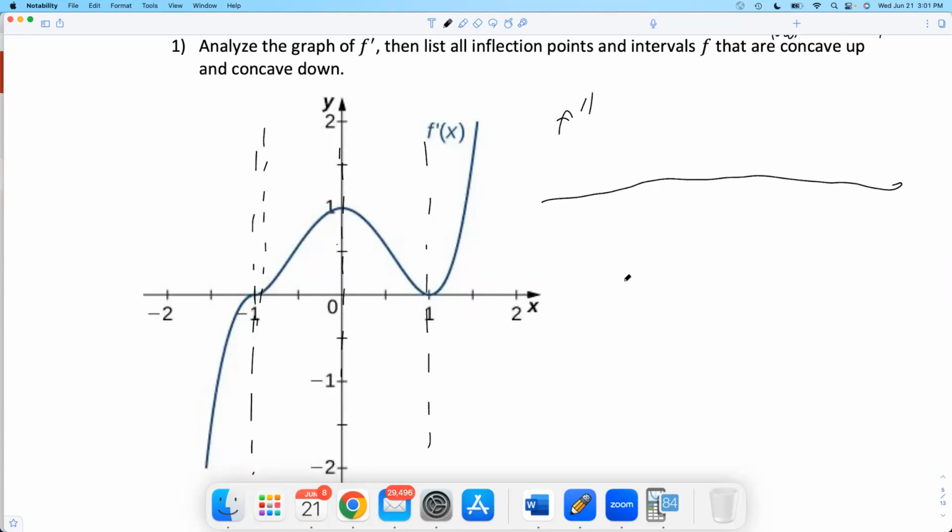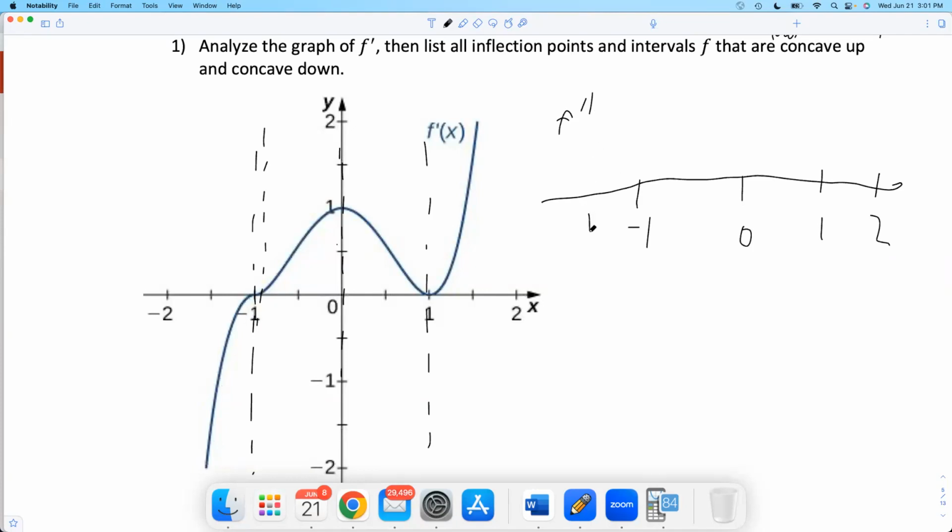The critical points of the derivative are at -1, at 0, at 1, and at 2. So look at the derivative of this. All those derivatives would be positive because the function's increasing here.